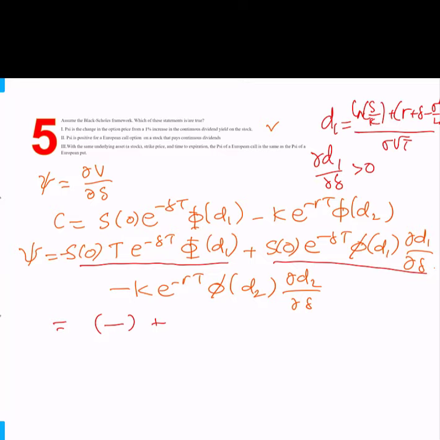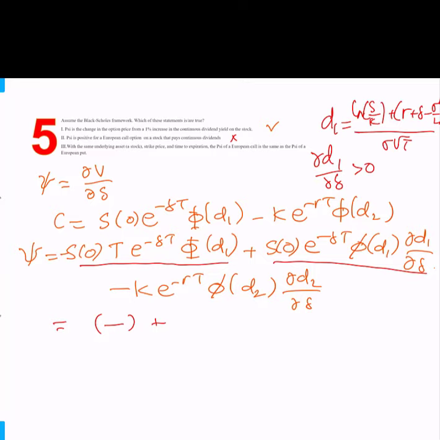We got the partial derivative of D1 with respect to delta is positive. So we cannot say anything about this.